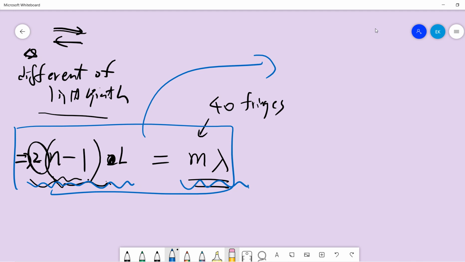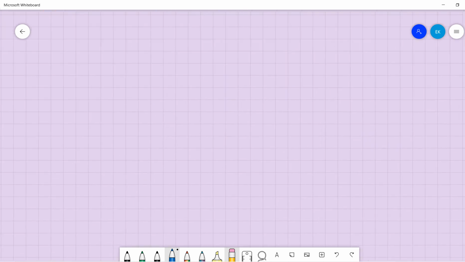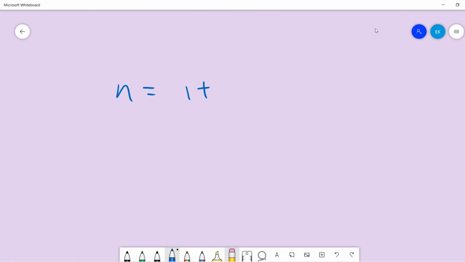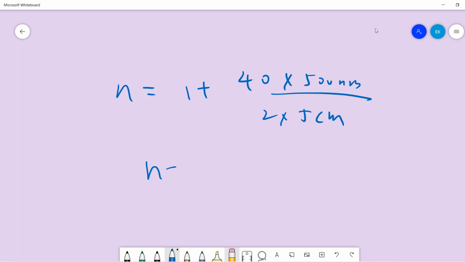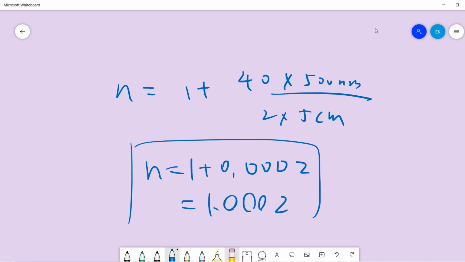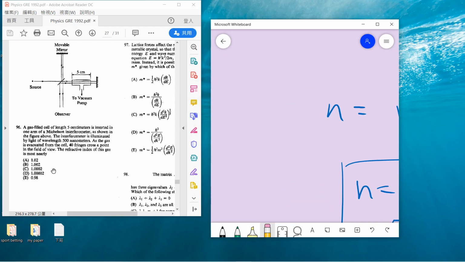So you have n equals 1 plus m lambda divided by 2L. So 1 plus 40 fringes times 500 nanometers, over 2 times 1 centimeter. So we have n equals 1 plus 0.0002, which is 1.0002. Okay, so the answer is C. Okay, that's it.